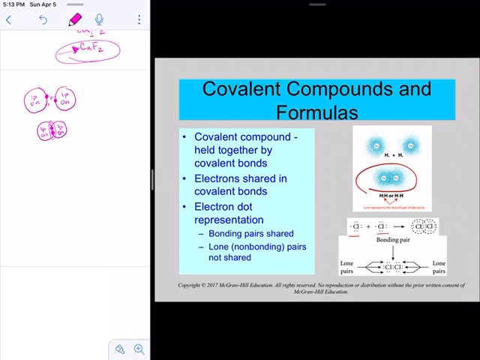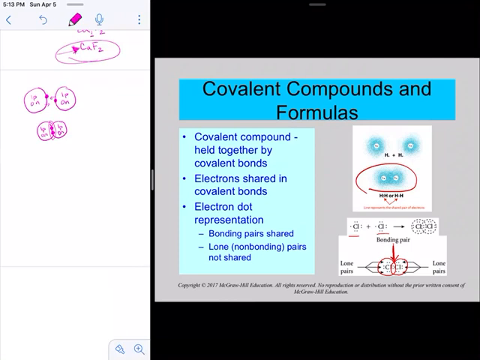And it's basically just doing the same thing for chlorine. It's showing that chlorine has 7 outer electrons. And if it shares right here, these 2 bonding pairs, what it's pointing to right here, then this side of it has 8 and that side of it has 8.